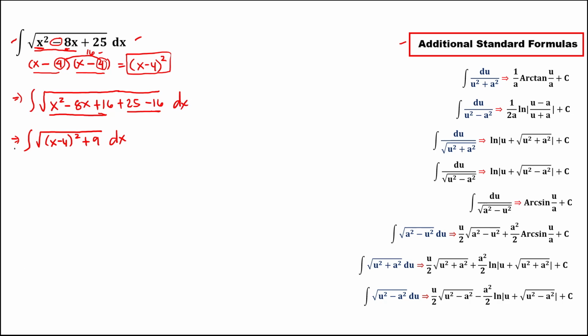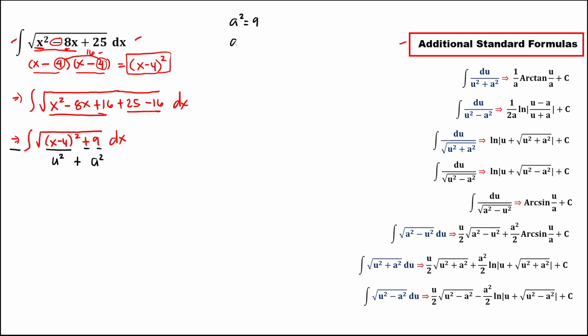So this time from this equation, we have now the values for u squared and a squared. The term with the variable is u squared, then plus for the constant, that's a squared. Therefore, a squared is equal to 9.